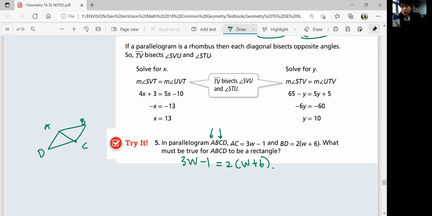You can't just stop here. What must be true? What does W have to be, in other words? Solve for it. Use the distributive property: 2W plus 2 times 6 is 12. Then subtract 2W on both sides, and you get W. Add 1 on both sides, and you get 13. So W must be 13.